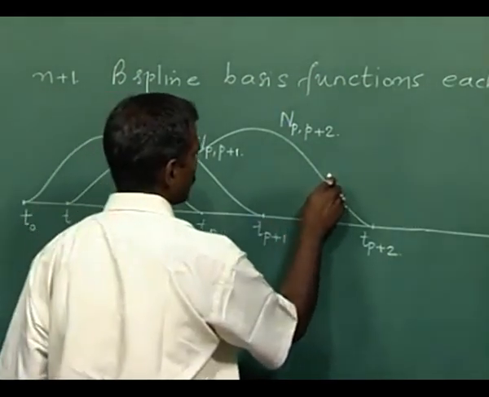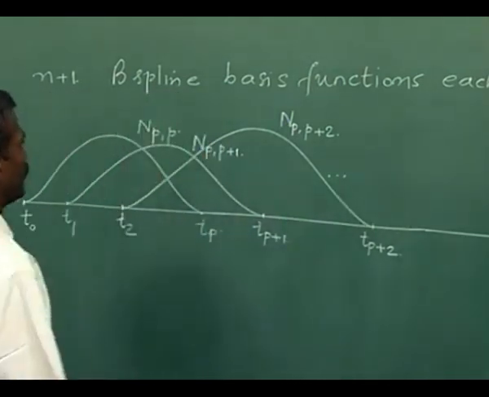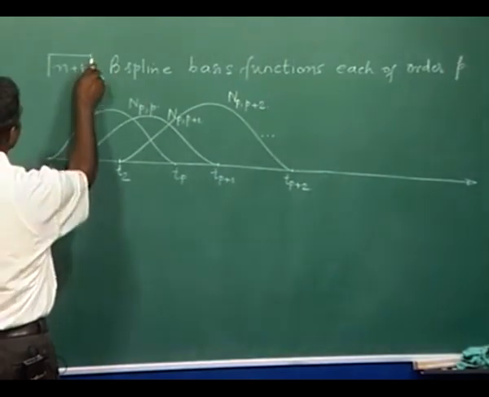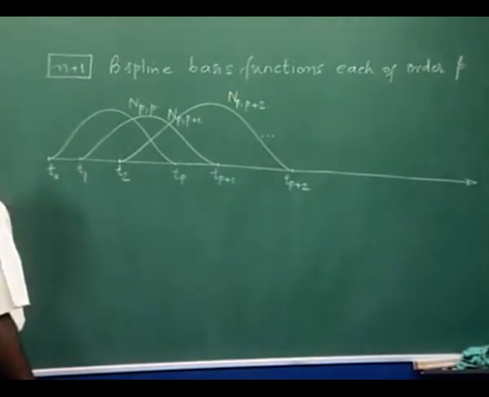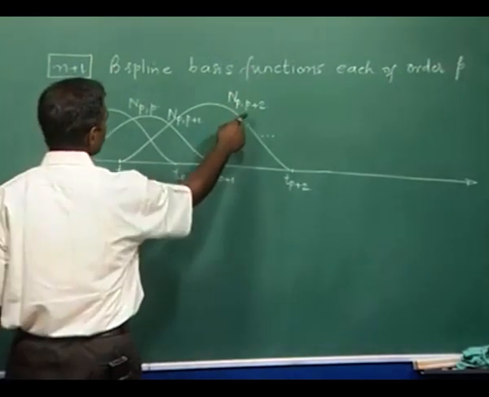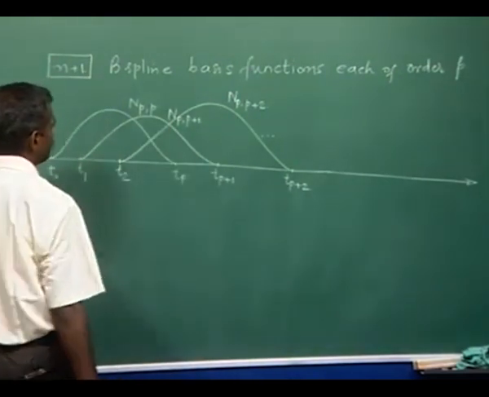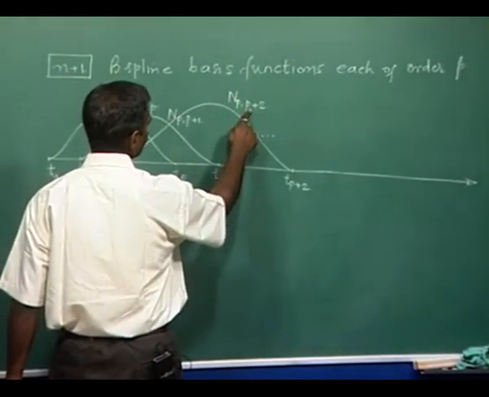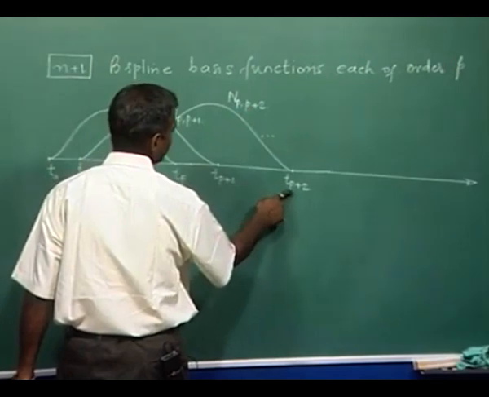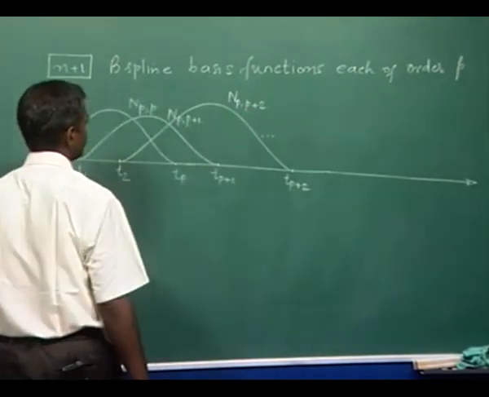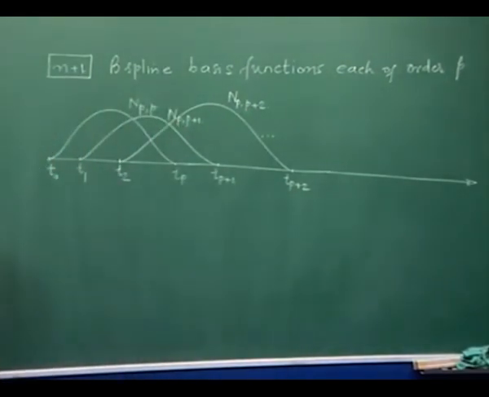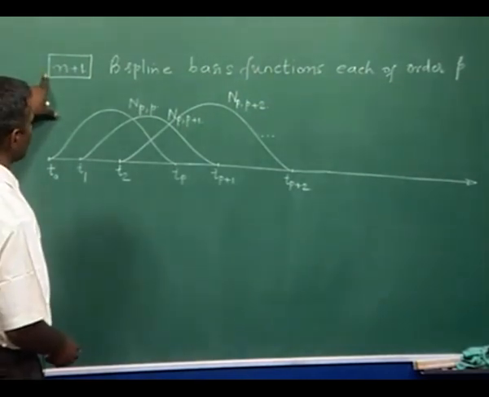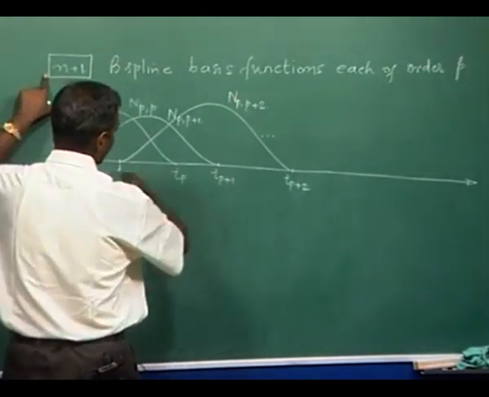I can keep doing this. Remember that I have to have n plus 1 basis functions. These are 3 basis functions. The last knot corresponding to the third basis function is t_p plus 2. Can you guess how the n plus 1th basis function will be standing over this parameter axis?